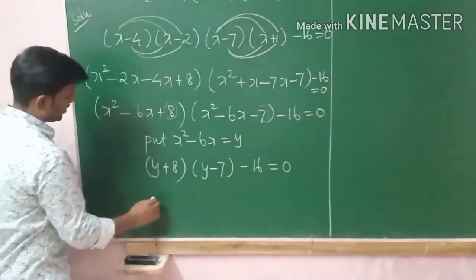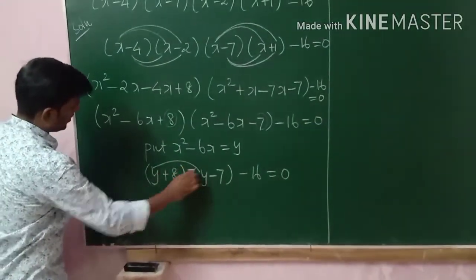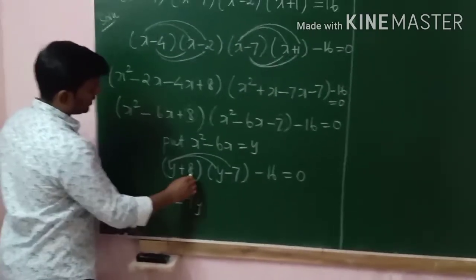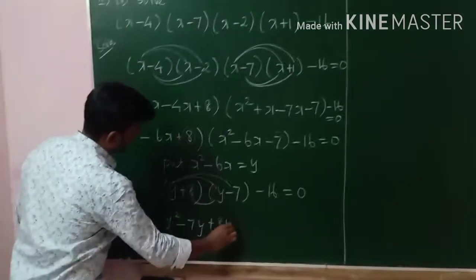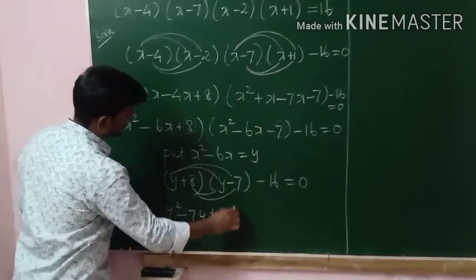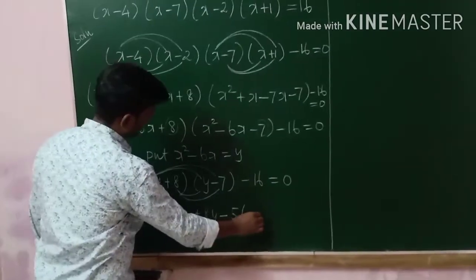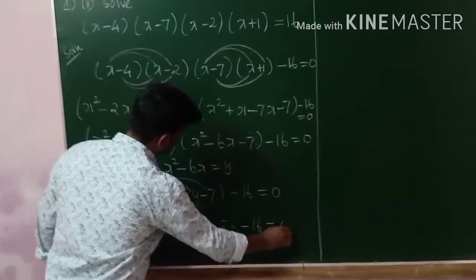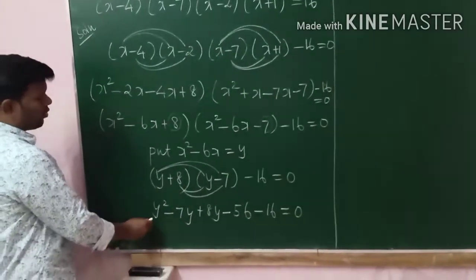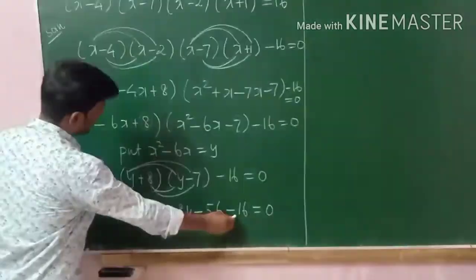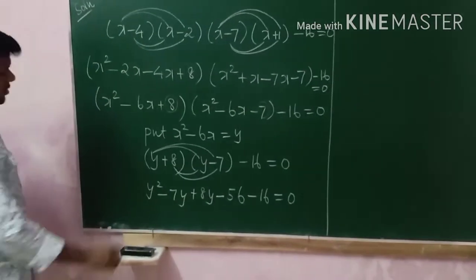So y into y, y square, then y into minus 7, minus 7y, 8 into y, 8y, plus into minus, minus 8 7s are 56 and minus 16 equal to 0. So y square minus 7y plus 8y minus 56 minus 16 equal to 0.